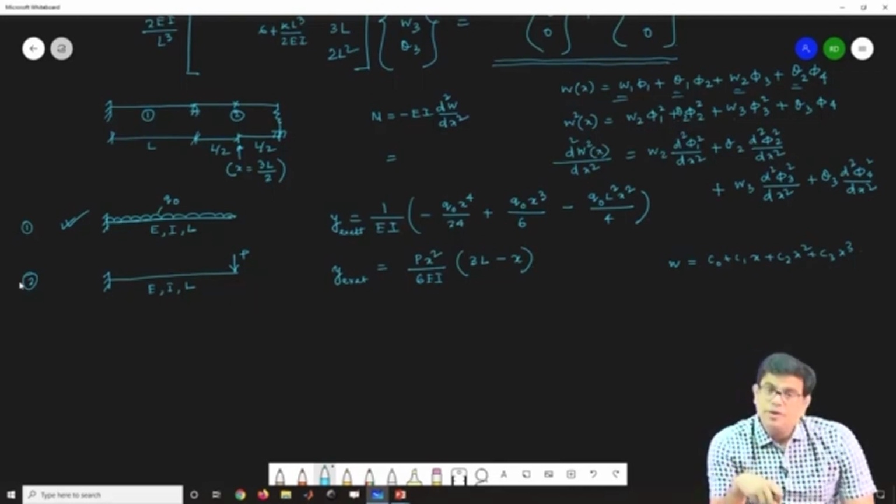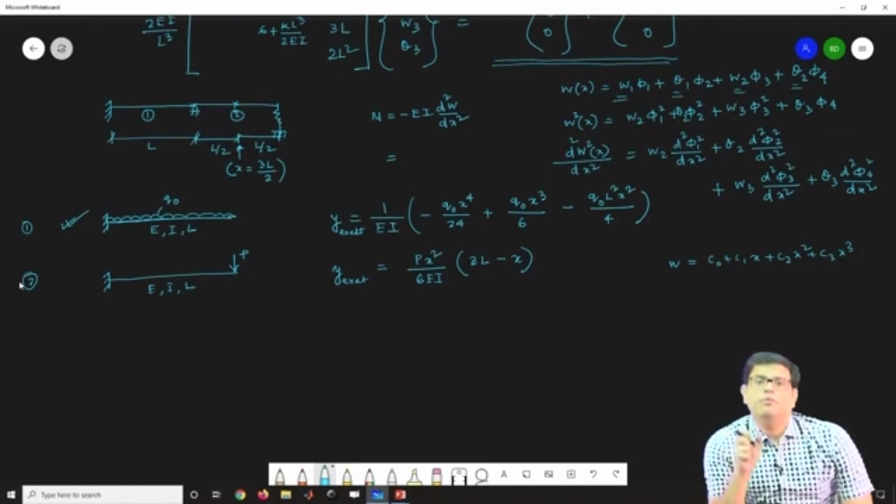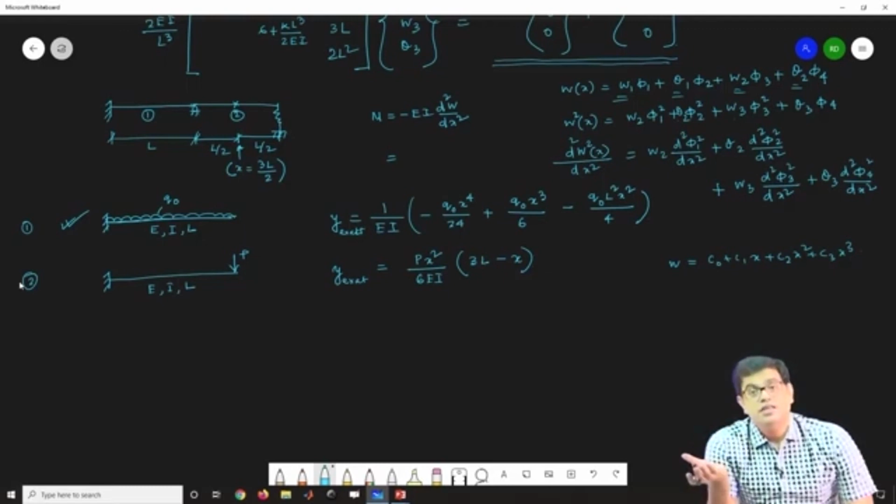The exact solution is a fourth order polynomial, while the finite element functions are cubic polynomials. This cubic polynomial cannot approximate all possible modes of the deflection, so that's why it gives a stiffer solution compared to the exact solution.